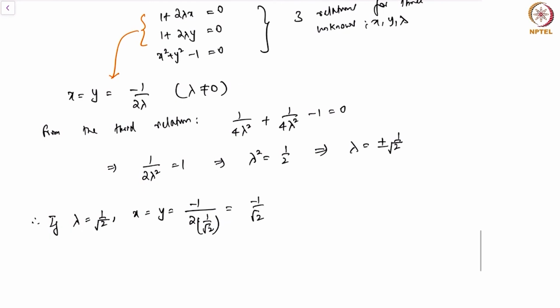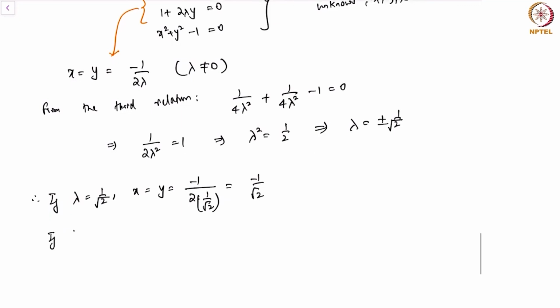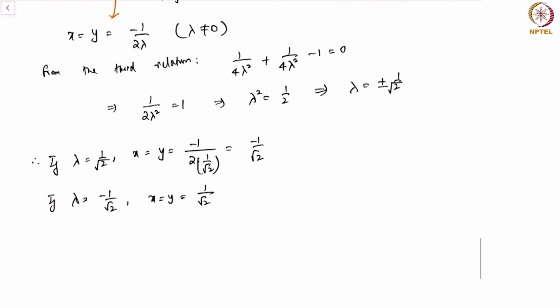So x and y are minus 1 by root 2, and if lambda is equal to minus 1 by root 2, then x and y are both equal, and they're equal to 1 by root 2. So now I have the coordinates of the 2 points. The coordinates of the 2 points are stationary points of L.